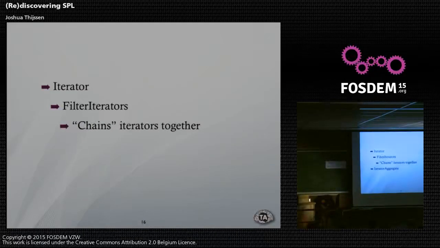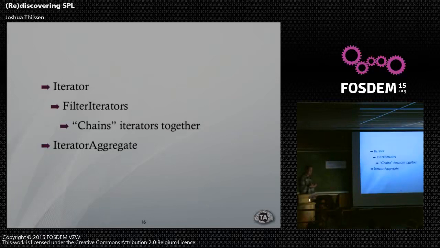Another type of iterator, which we're not going to use a lot right now, is the iterator aggregate. An iterator aggregate is also an interface, but isn't an iterator by itself; it can be used as an iterator because it knows how to get one.